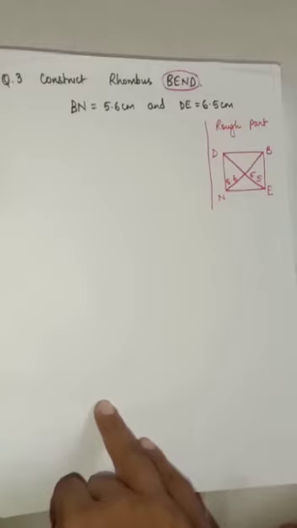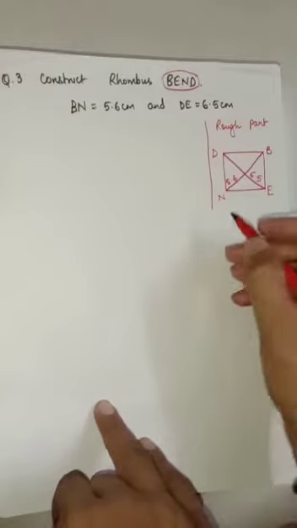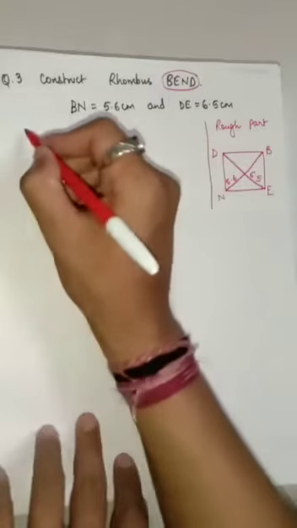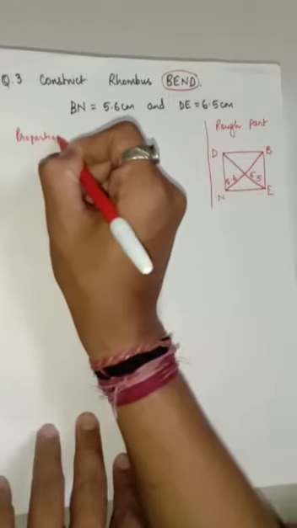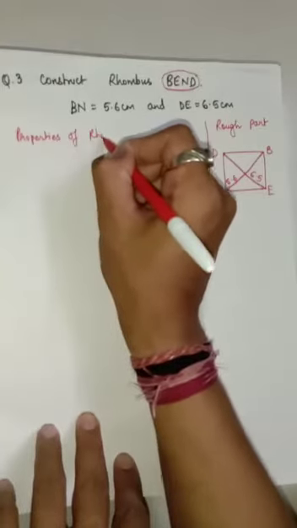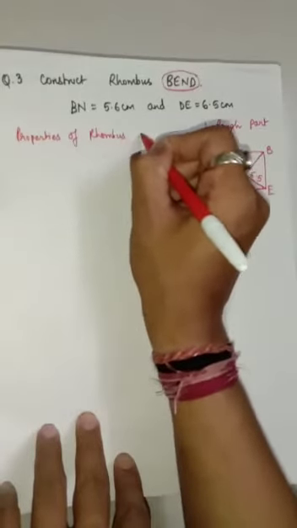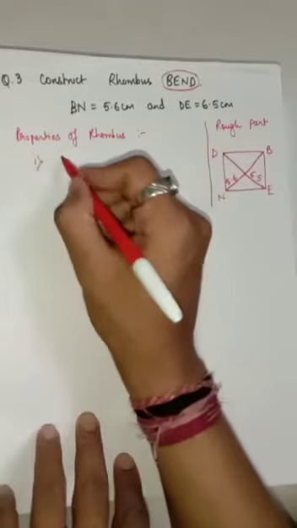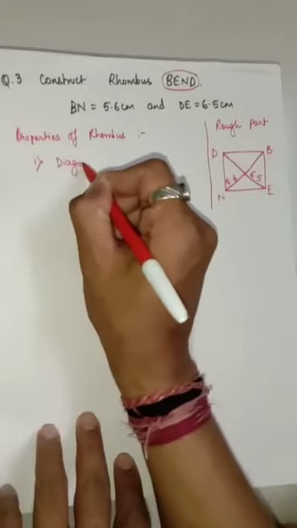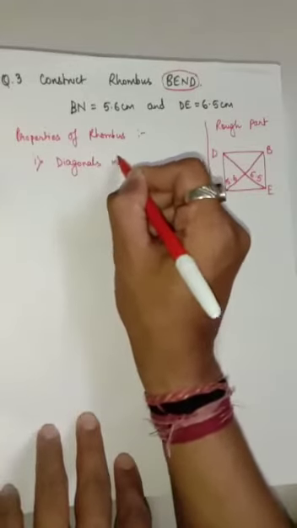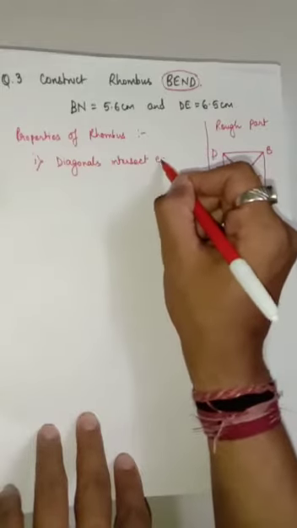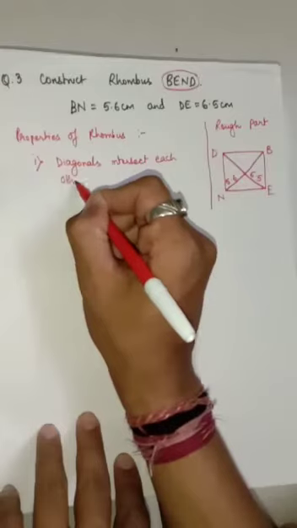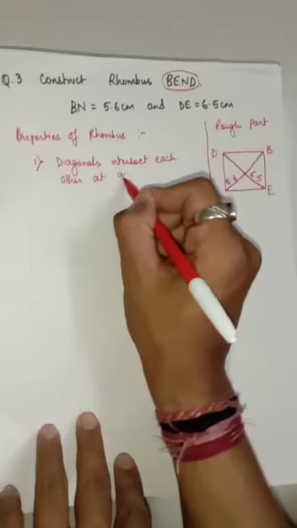So we will recall the properties of rhombus, which we will use in construction. First property: diagonals intersect each other at 90 degree.